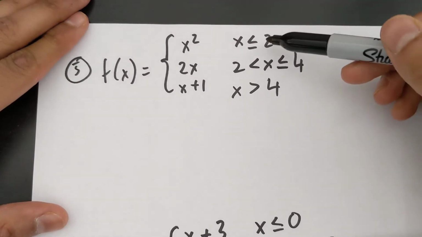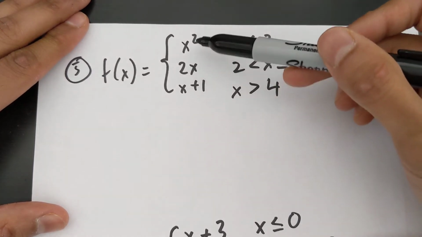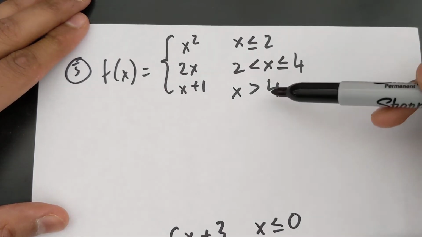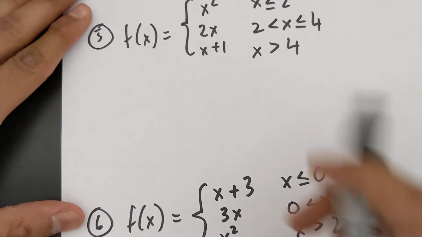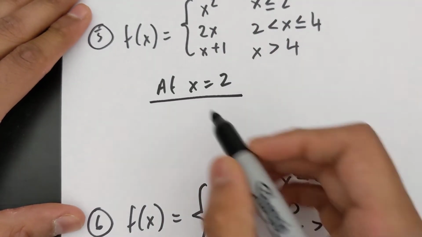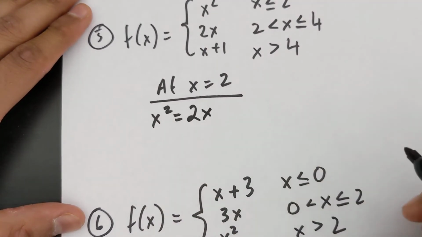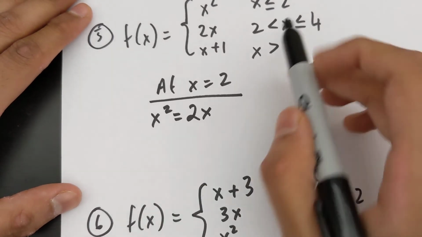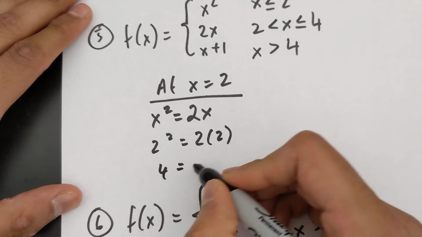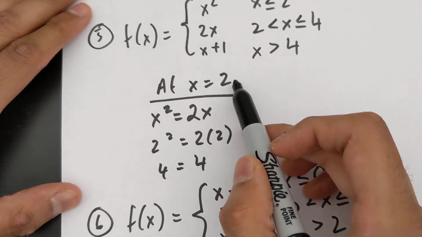So now we note for these functions that they have 2 different common points. The first 2 functions are common at x equals 2, and the second 2 functions are common at x equals 4. So I'm going to start this one at x equals 2, and I know the first 2 functions are x squared equals 2x. I'm going to sub in my common point of 2, so 2 squared equals 2 times 2, so 4 equals 4, which means that the function is continuous at x equals 2.